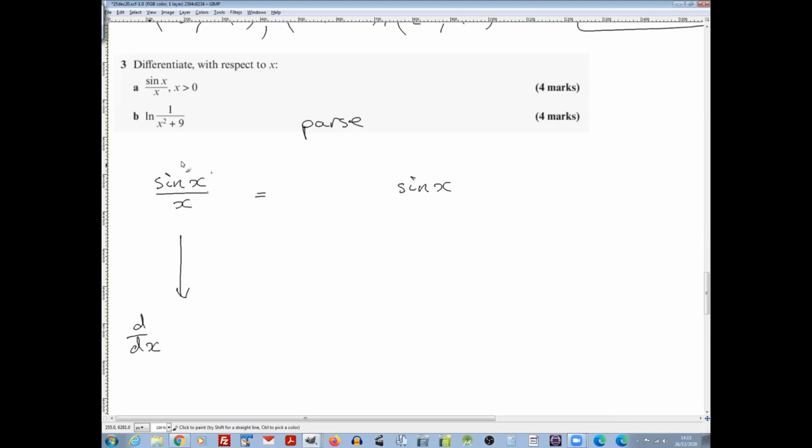Yes. Can we parse this as a product? Yeah. So it would be sine x and x to the minus 1. Exactly. We know how to deal with that, don't we? Yeah.